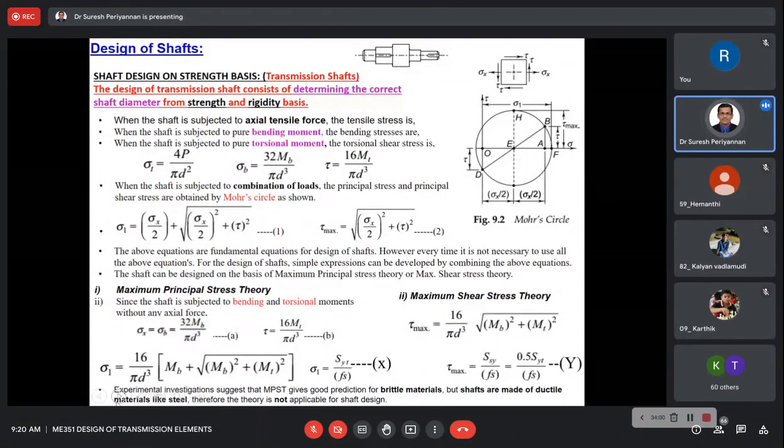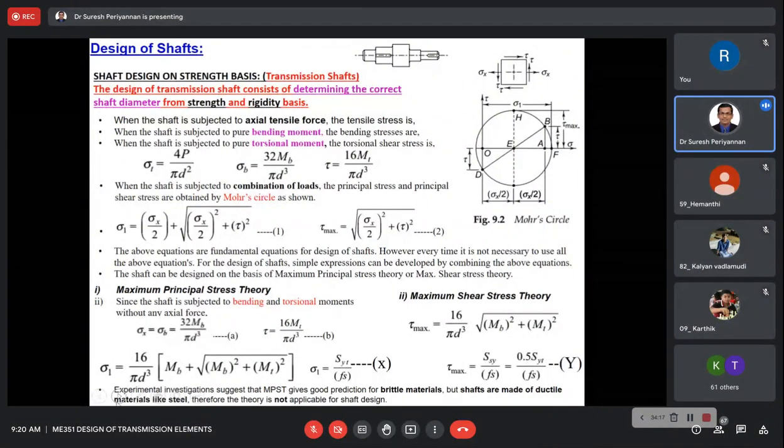The design of the shaft can be done by different methods: based on strength, based on torsional rigidity or lateral rigidity, and based on the ASME code concept.